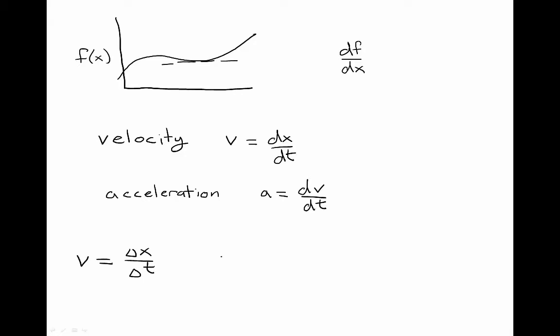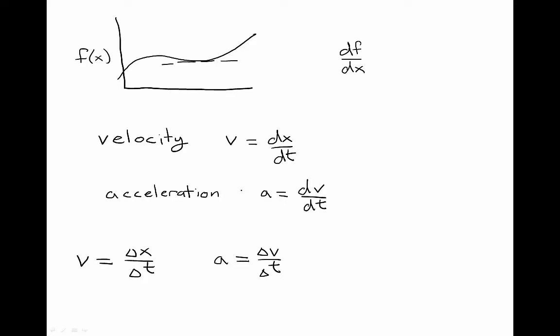Or you might be writing that acceleration is the change in velocity divided by the change in time. And that'll get you average velocity and average acceleration. But basically, these quantities can be generalized as derivatives.